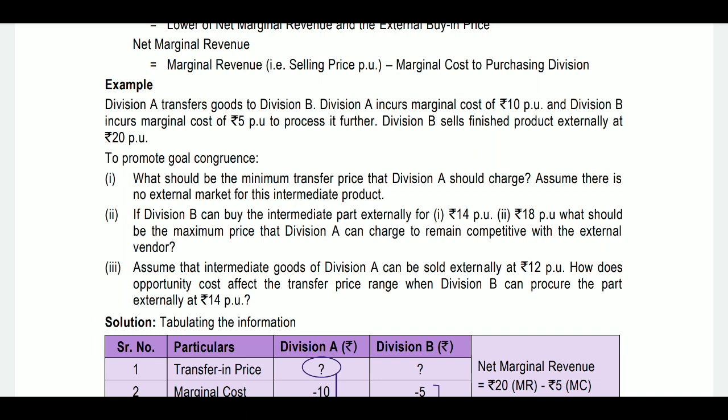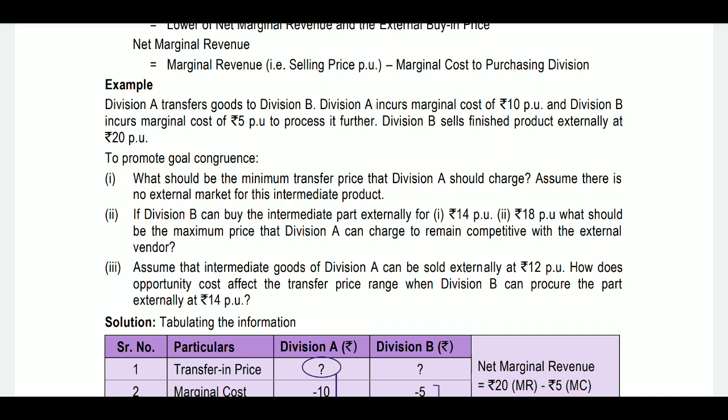That is the mentality for B. So the maximum price that division A can charge must remain competitive, and we will compare with the market price. If we would spend 15 rupees internally and we can get it for 14 rupees outside, it is better to go for 14 rupees only.